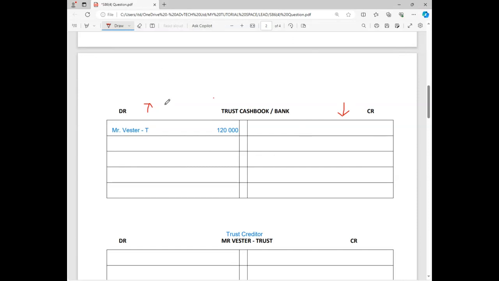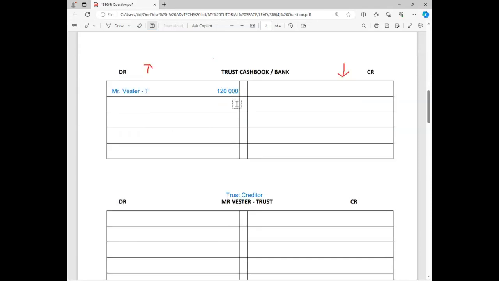Okay, so at the same time, because this money, as you can see, has been received from Vesta, we must also go to the individual account for Vesta to make sure that we are keeping this money which belongs to Vesta. So immediately Vesta becomes our liability because we owe him.